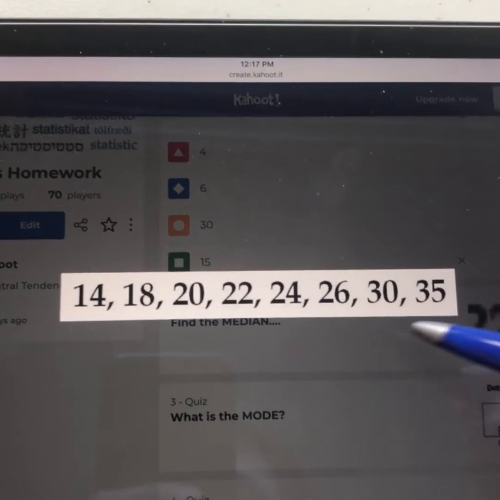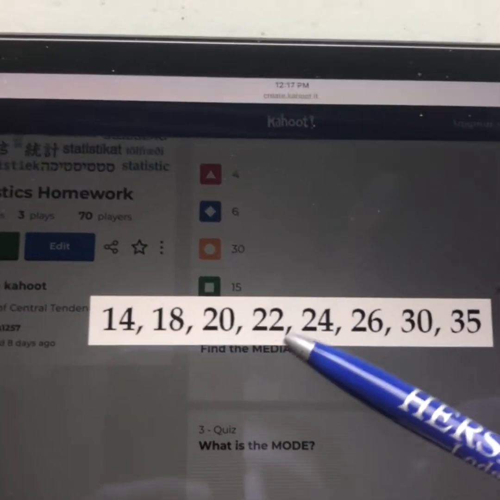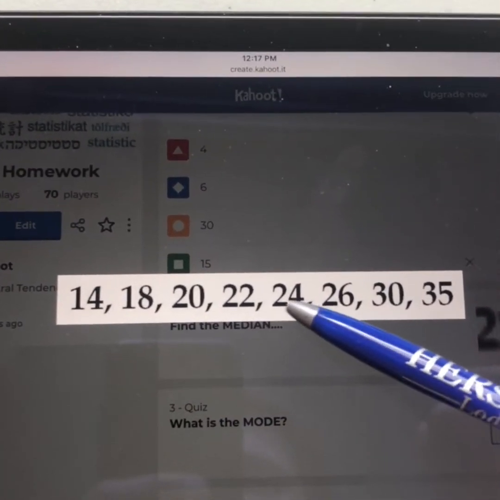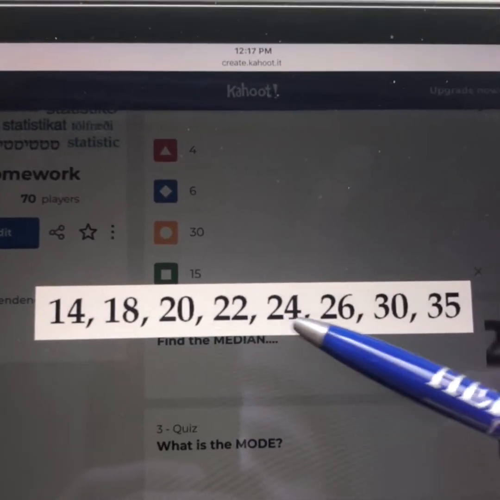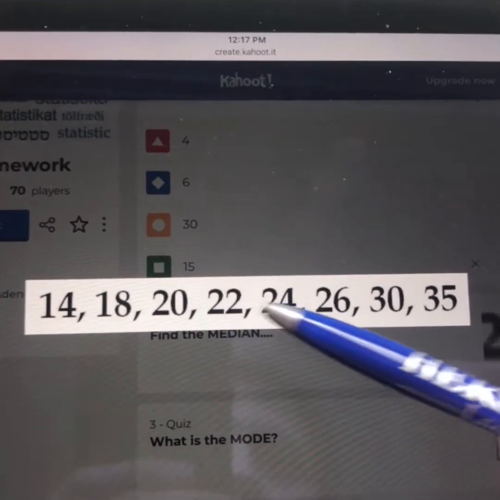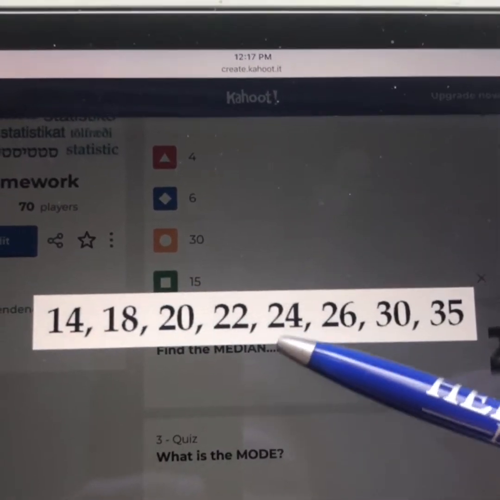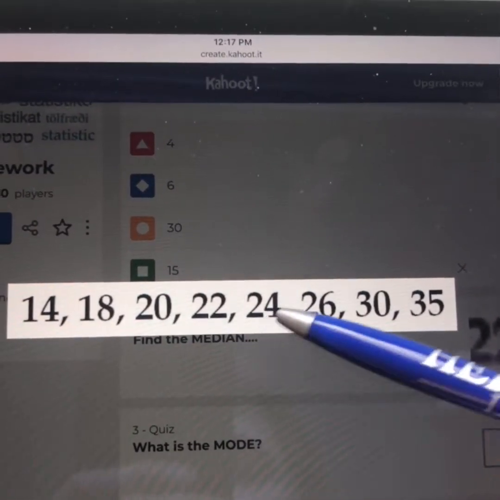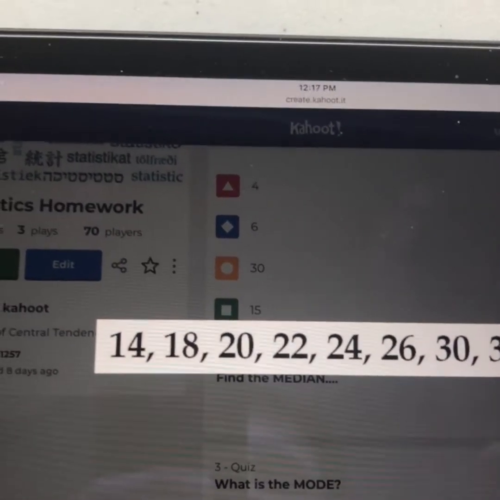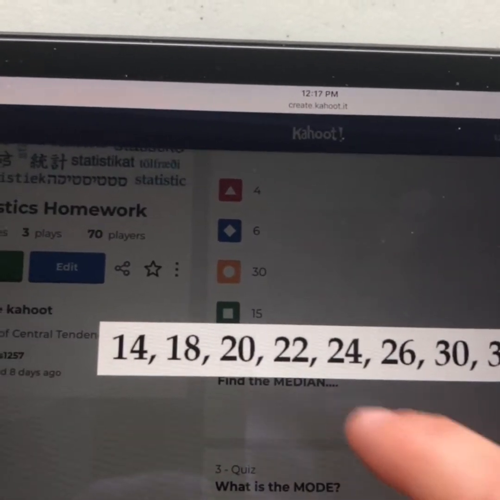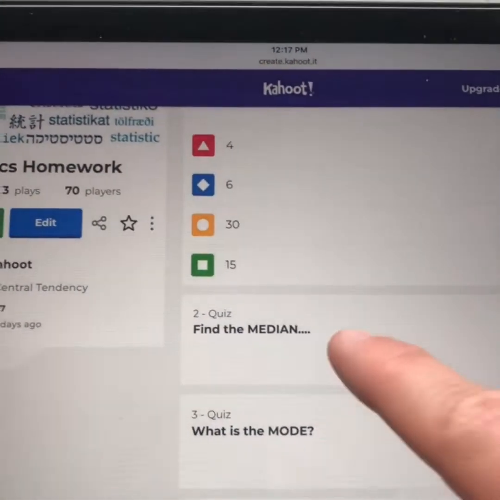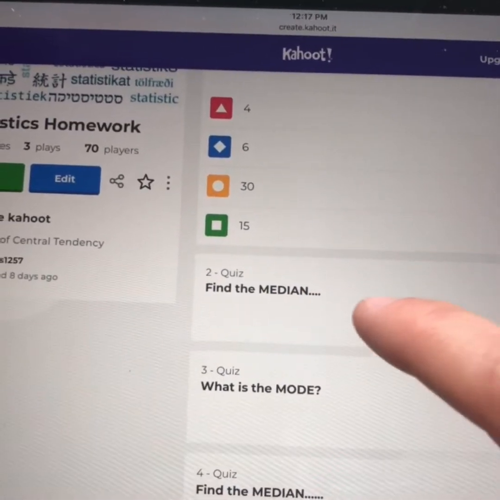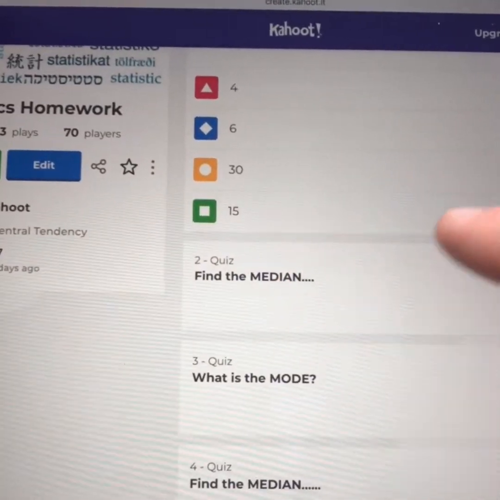In this case, there are 8 numbers, so it's even, which tells us that 22 and 24 are directly in the middle. So we need to take the average of those two, by either adding them together and dividing by 2, or just looking at what number is directly between 22 and 24, which would have been 23. So the answer for the second one should have been 23.